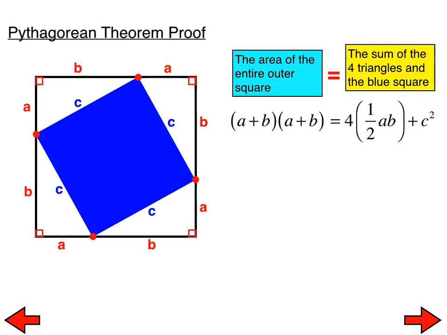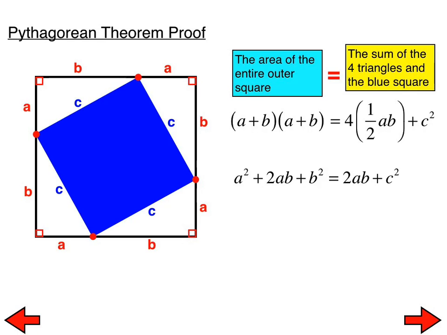All right, so if I use the double distributive property on the left-hand side, I would end up with a squared plus 2ab plus b squared. If you did the double distributive property, that's what you would end up with. And then on the right-hand side, if I multiplied the 4 times the 1/2 ab, that ends up becoming 2ab. All I'm doing here is some simplifying. Now remember, what I'm trying to make this look like is a squared plus b squared equals c squared.